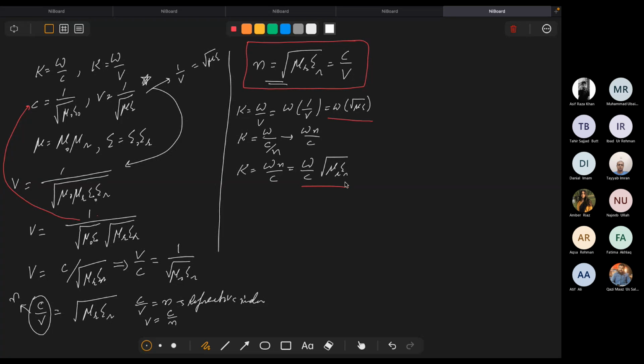Now we can say that k is a simple propagation vector.